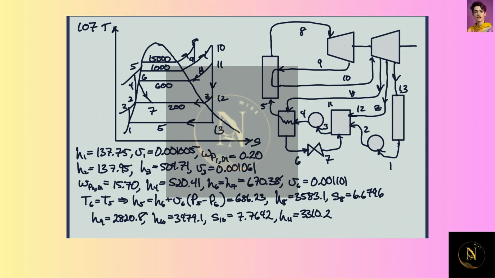So in this loop, basically from here to here, we have an incompressible fluid, and again we can get that specific volume. So the enthalpy here is the enthalpy here plus the work done in getting the pressure difference. That gives us the enthalpy at 5 going into the boiler.